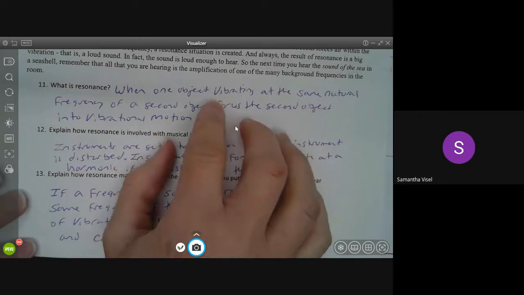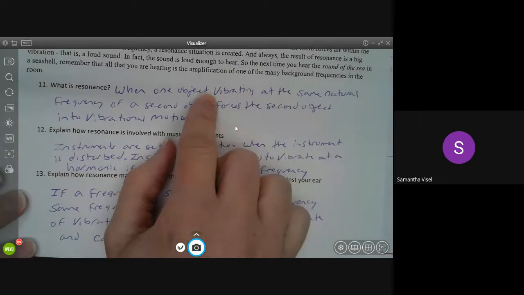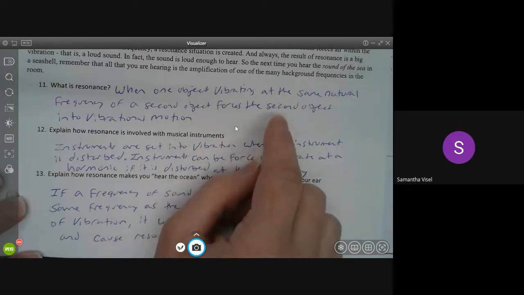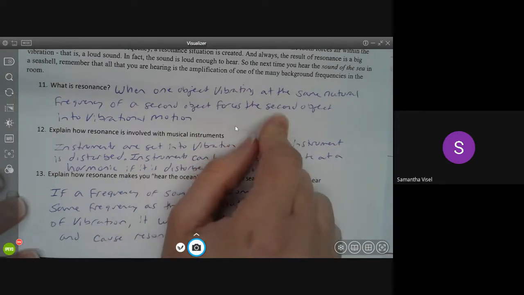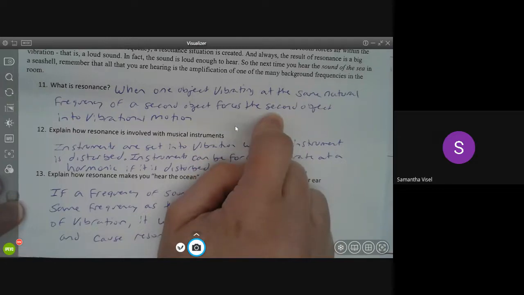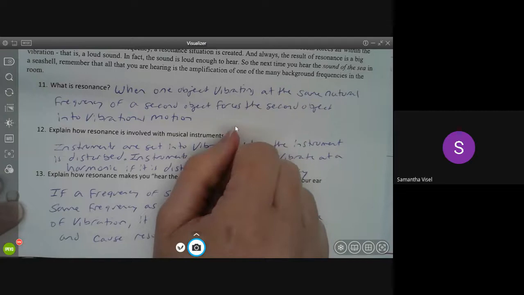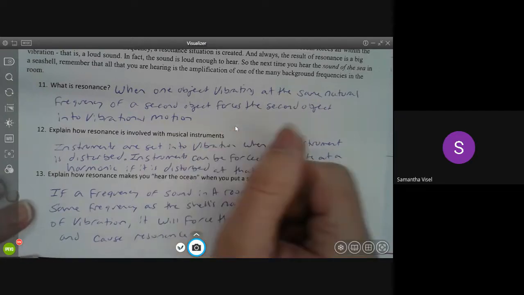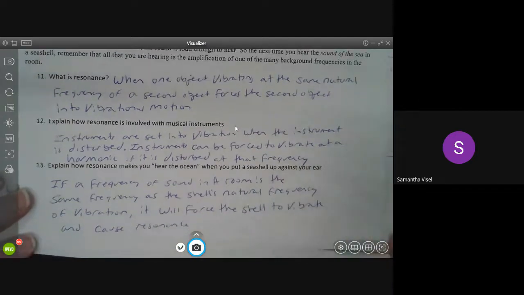So if I have one thing that's vibrating at a frequency that can set another object, something totally different, also into vibration at the same frequency, then those two objects are said to be in resonance, or resonance is said to be happening in the system.